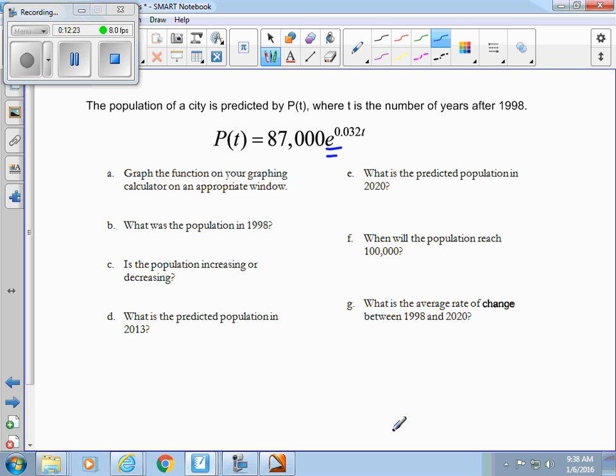How would you do that? What am I going to be thinking about when I graph it? Remember, e is about 2.7. So I'm going to go to my calculator and type it in, first of all. Step 1.